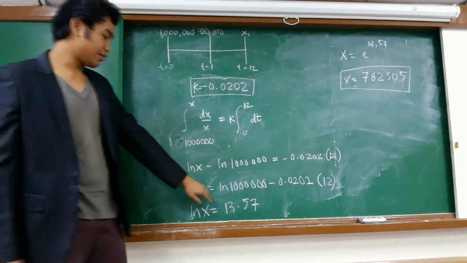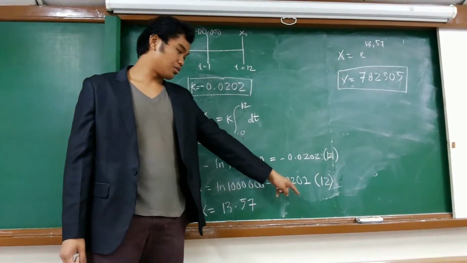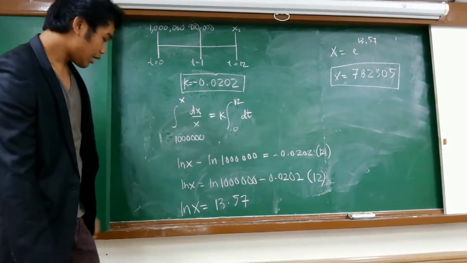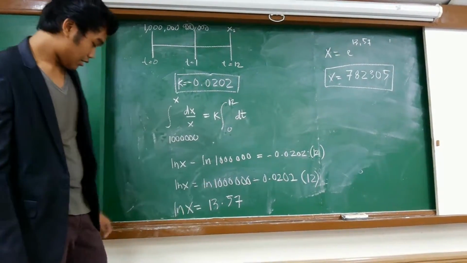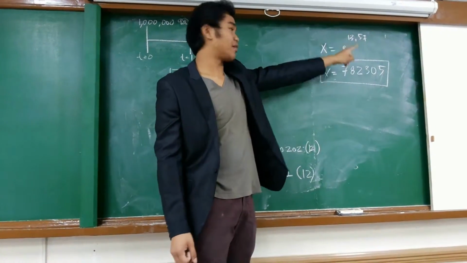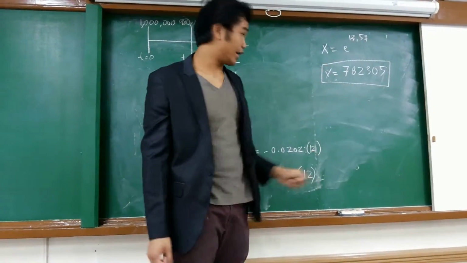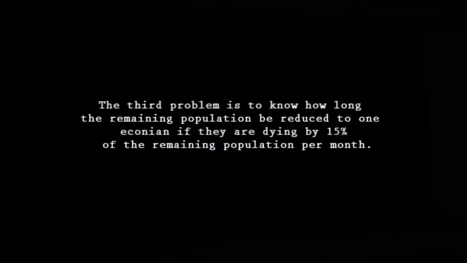So ln x is equal to ln of 1,000,000 minus 0.0202 times 12. Evaluating this some more, ln x is equal to 13.57. Isolating x, we get e raised to 13.57. And now x is equal to 782,305, which is the population after a year.